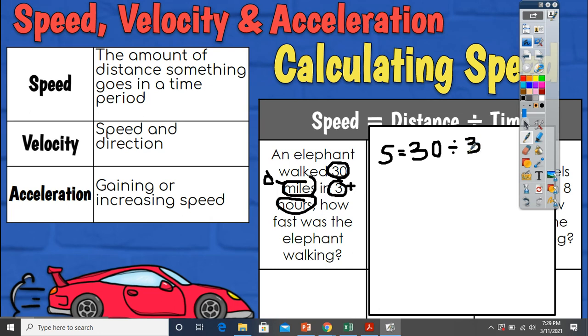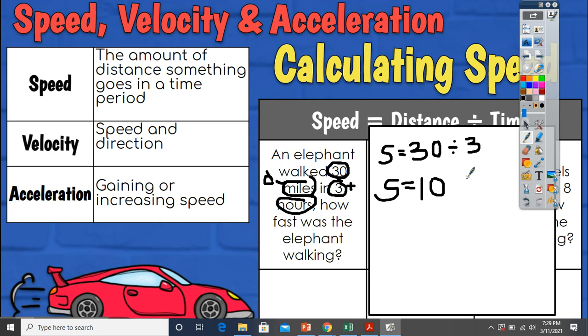So to find my speed, I just need to divide these two numbers. 30 miles divided by 3 hours. So 30 divided by 3, 3 goes into 30 10 times. So my speed is 10, but make sure you include the units.